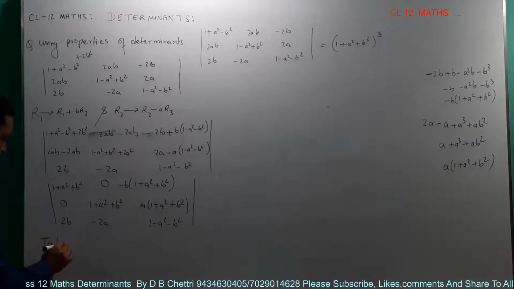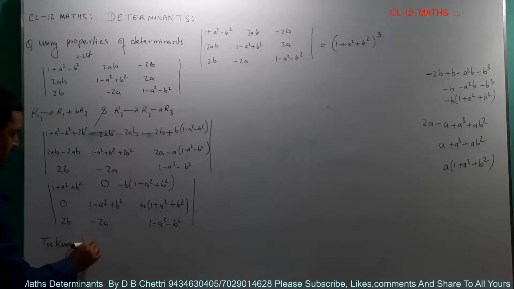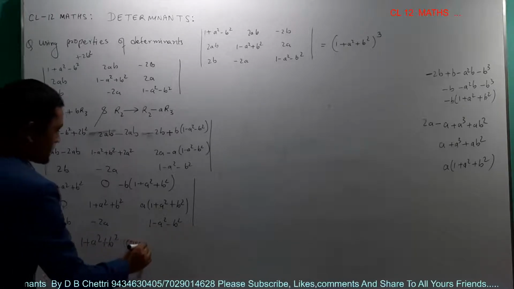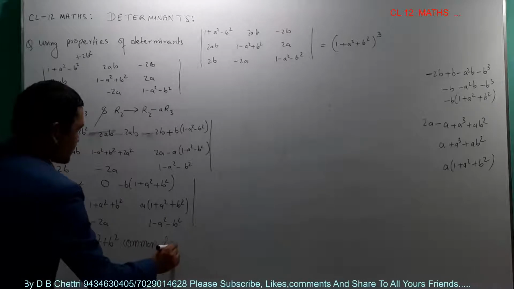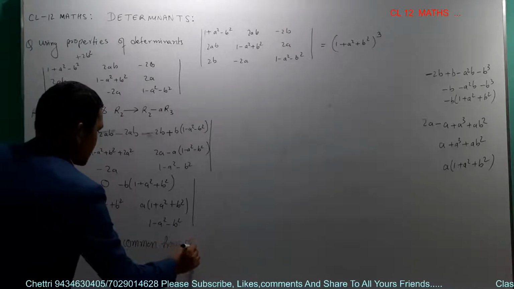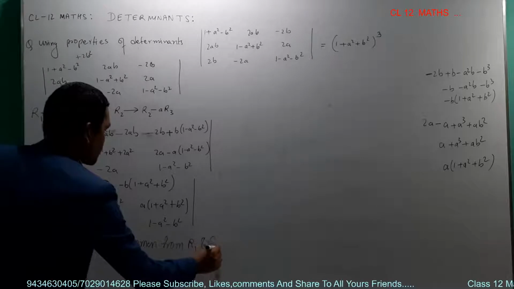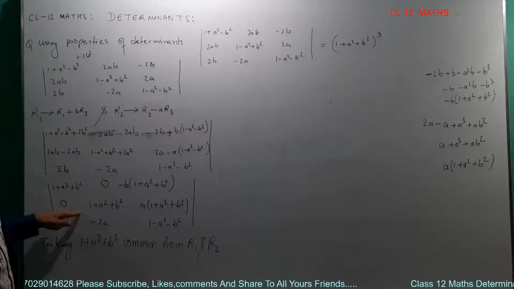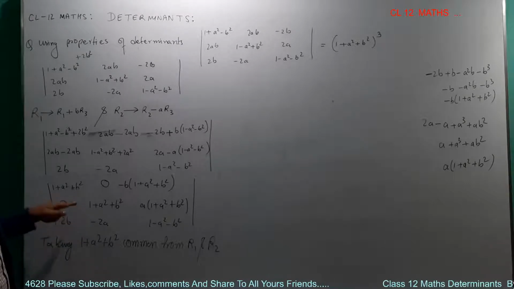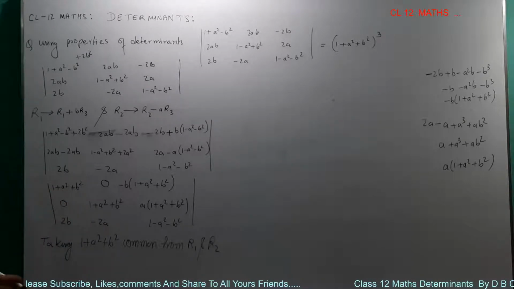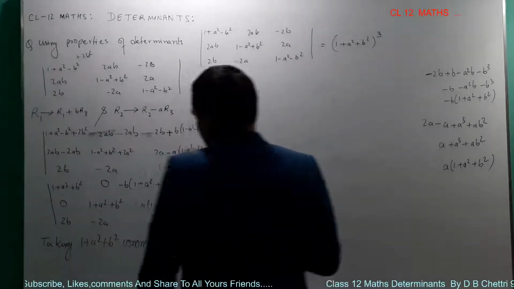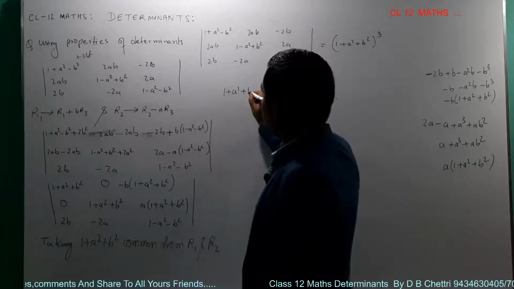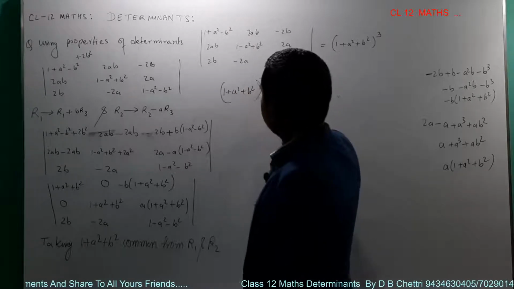Taking 1 plus a square plus b square common from R1 and R2. That means one factor from R1 and one factor from R2. Altogether two terms we are taking common, and if the term is the same, we can put the square. Now 1 plus a square plus b square, then whole square.